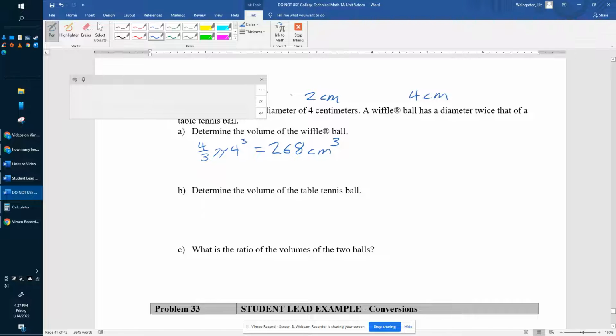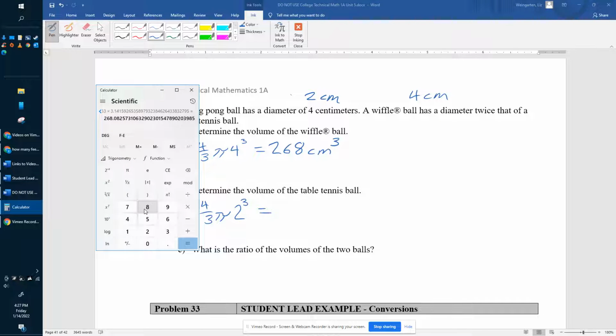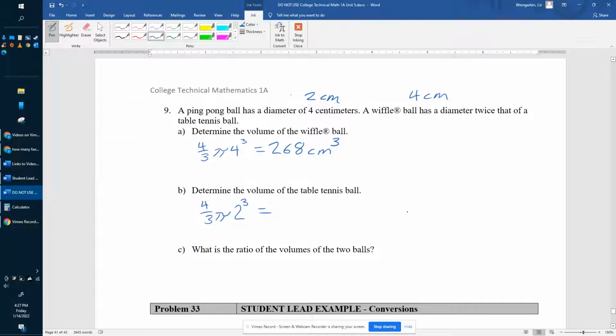How about the table tennis ball or ping pong ball? Same thing. 4/3 pi 2 cubed. Two cubed is 8 times 4 divided by 3 times pi, 33.5.